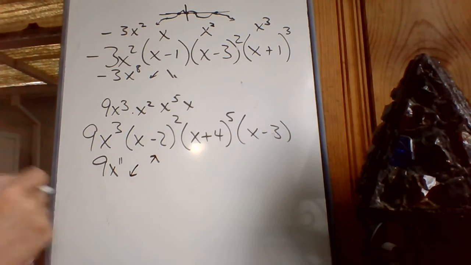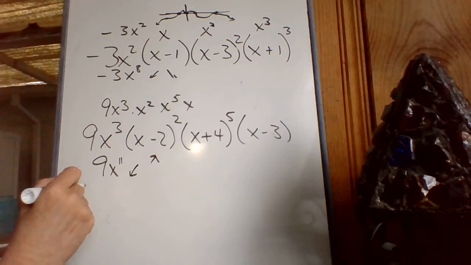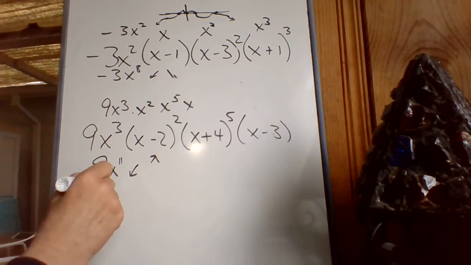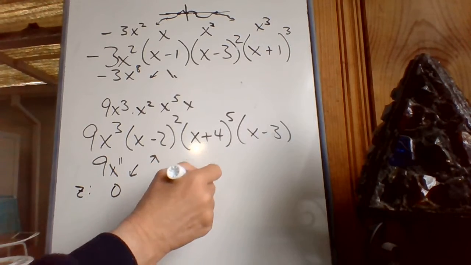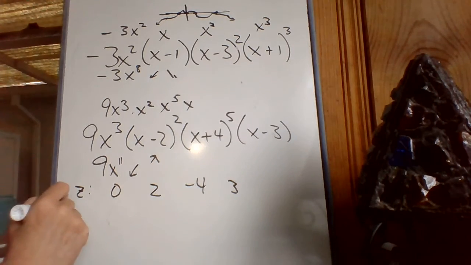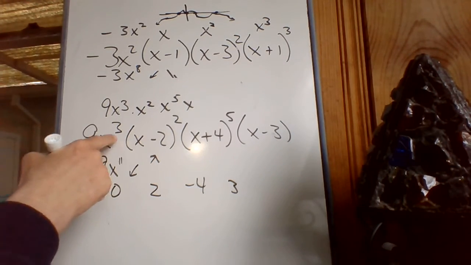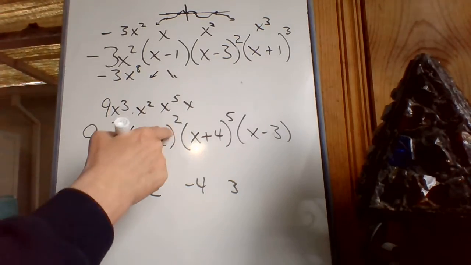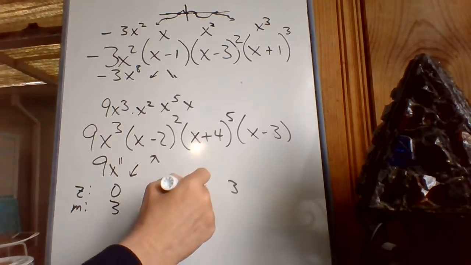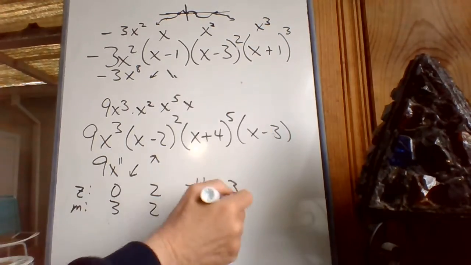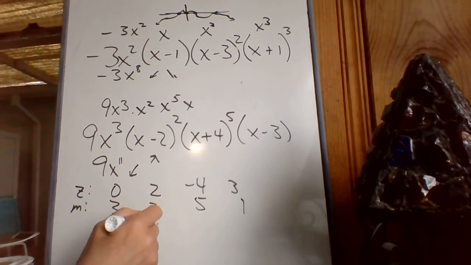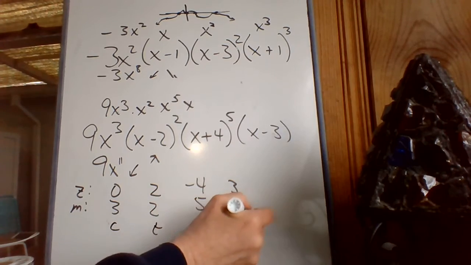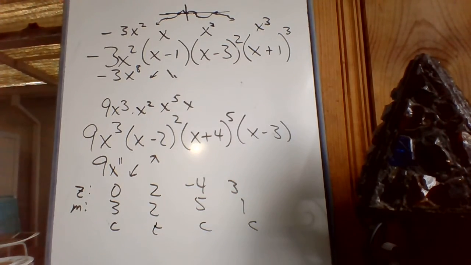It goes like that. And then my zeros are at 0, 2, -4, 3, with multiplicity 3, 2, 5, and 1. So this one's going to cross, touch, cross, cross. And that's everything this question is asking for.